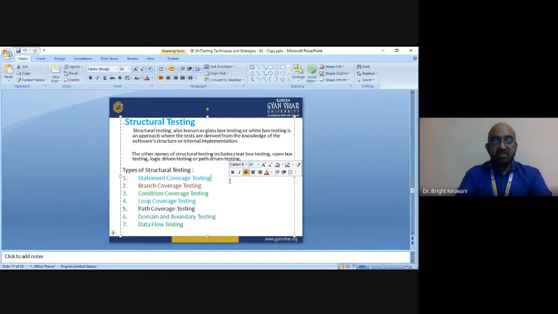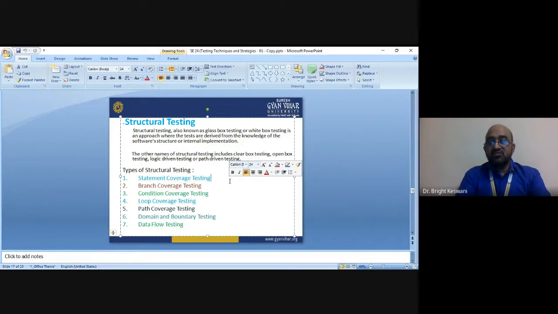And this technique is capable of uncovering more faults than branch testing. During this testing you should give some conditions to test each and every path and cover each and every path at least once. Domain and boundary testing.